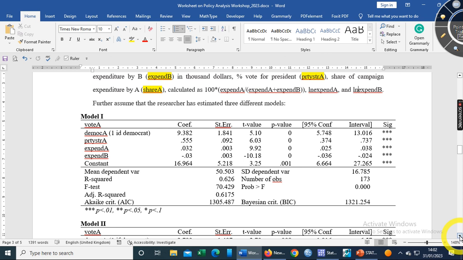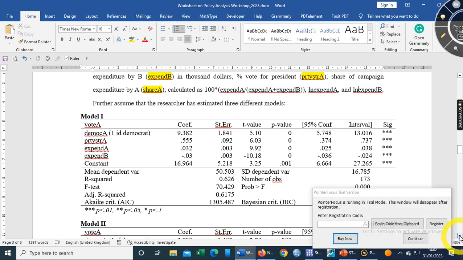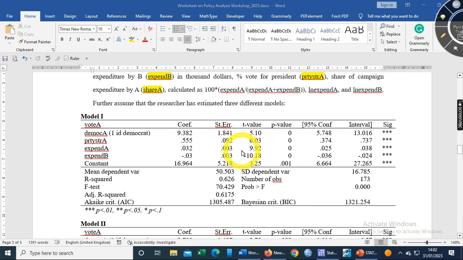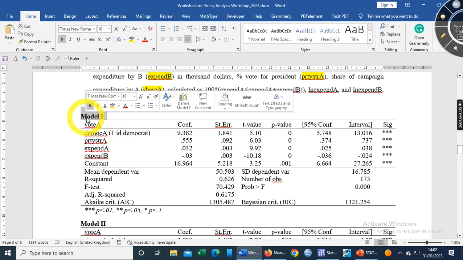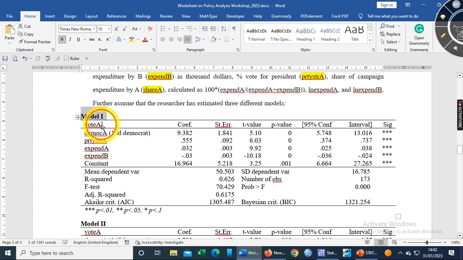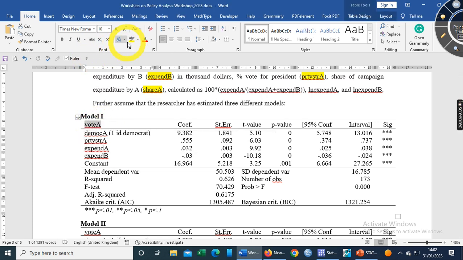ሶስት የተለያዩ ሞዴሎችን ኤስቲሜት ያደረገው ሪሰርቸሩ። የመጀመሪያው ሞዴል 1 ነው። vote A dependent variable ነው። percent of vote for A ማለት ነው። በፐርሰንት ነው ካልኩሌት ተደርጎ የተቀመጠው። Here are the variables.